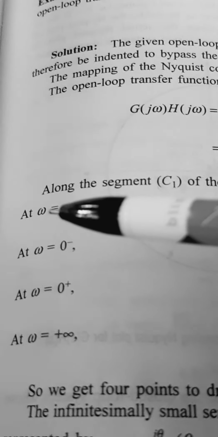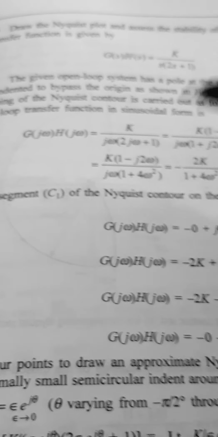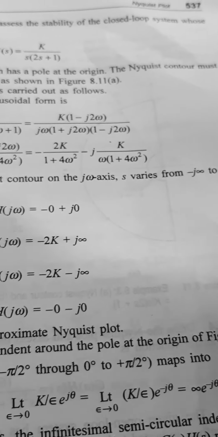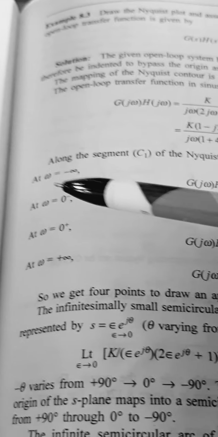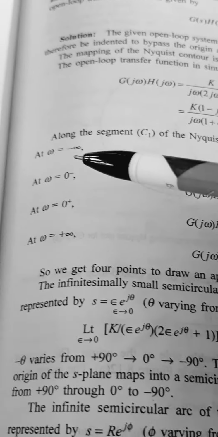Now this is for C1 of the Nyquist contour. How can it be mapped into the QS plane that we are observing? Those are the points in the Nyquist plot; the QS plane is nothing but the Nyquist plot. There we are obtaining the points.